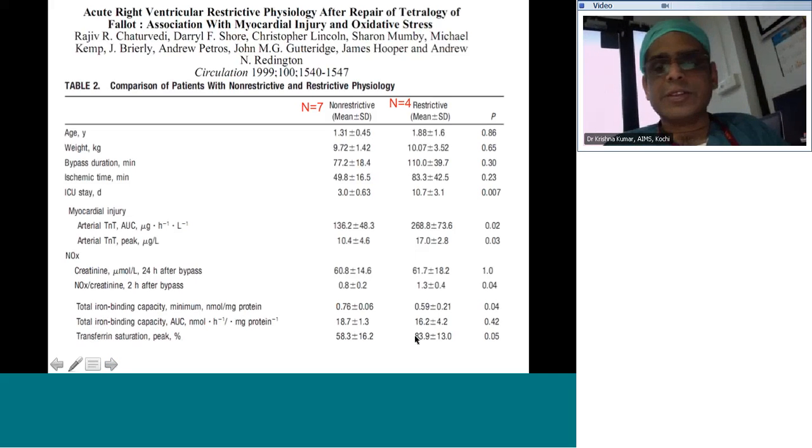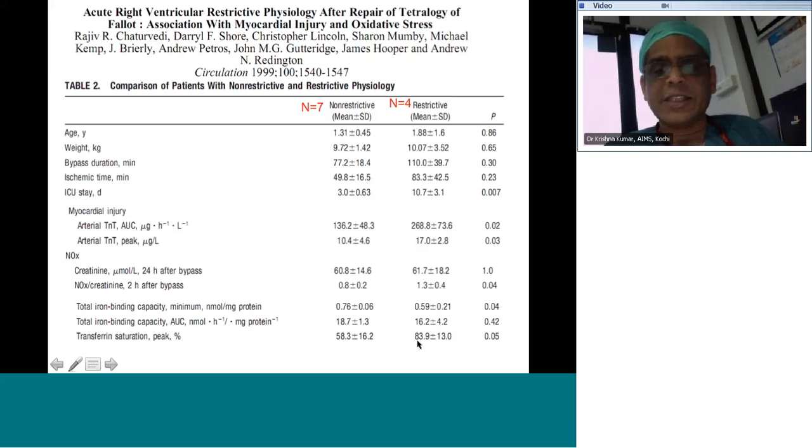The total iron binding capacity was considerably reduced in the group with restrictive physiology, and the transferrin saturation was considerably higher. So clearly, there was some form of iron overload in this situation.